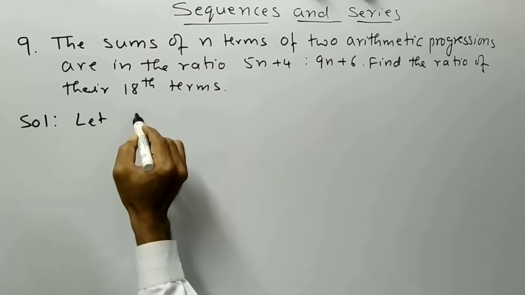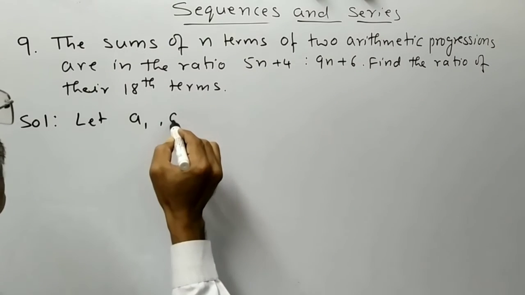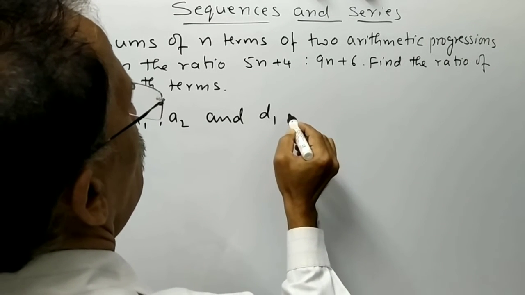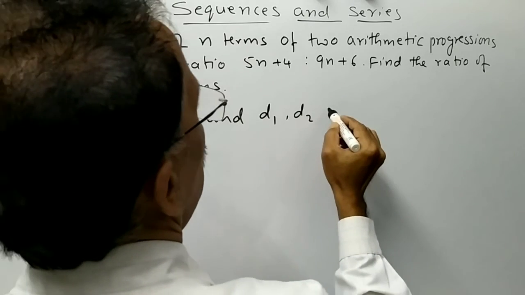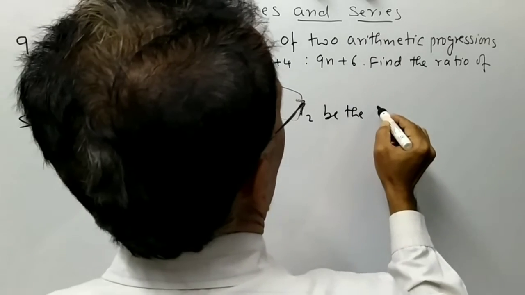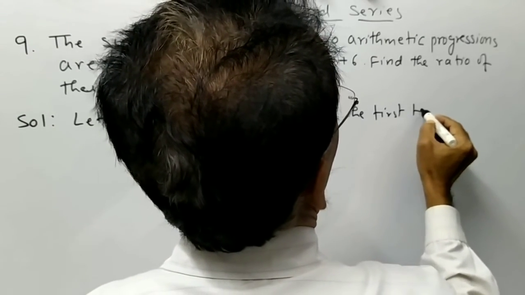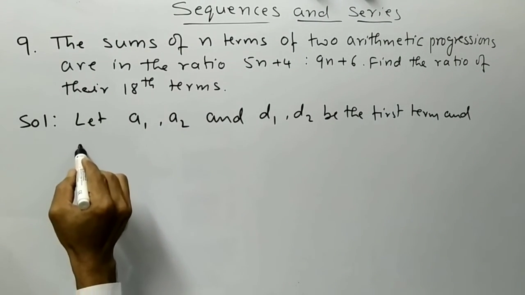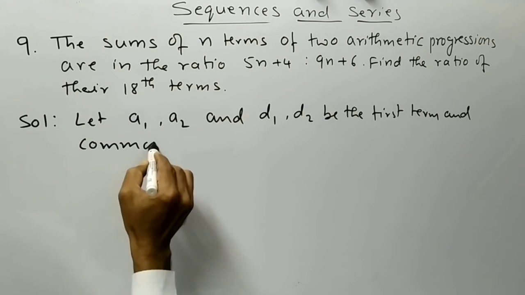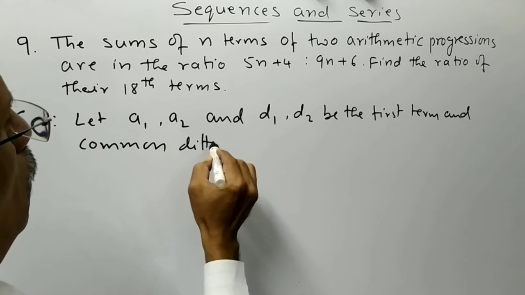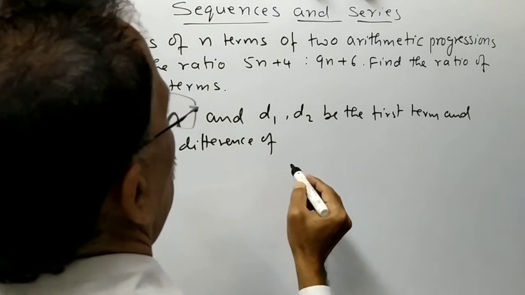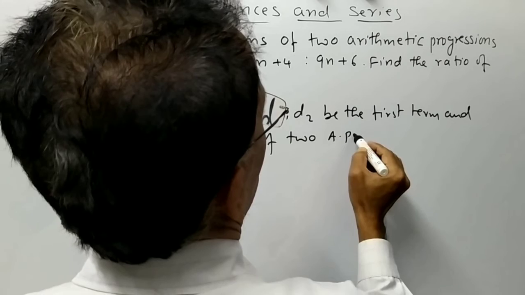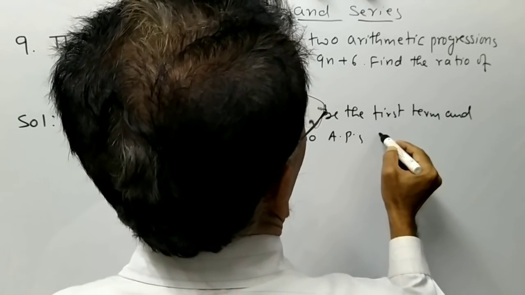Let a1, a2 and d1, d2 be the first term and common difference of two APs respectively.